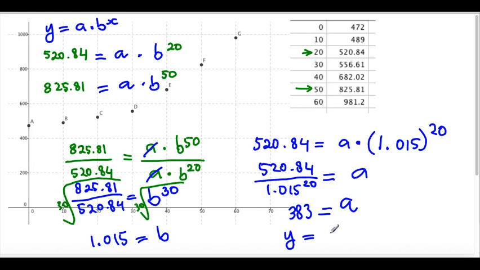In this case, you will have a formula that says 383 times 1.015 power x. So maybe you would like to try that and have a look, and good luck.